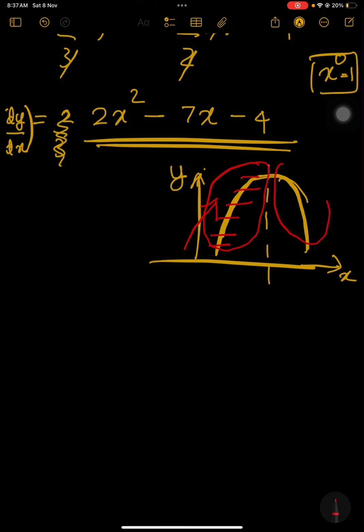If you take this other area, when x increases, y is decreasing.